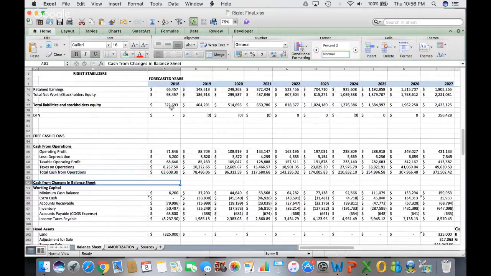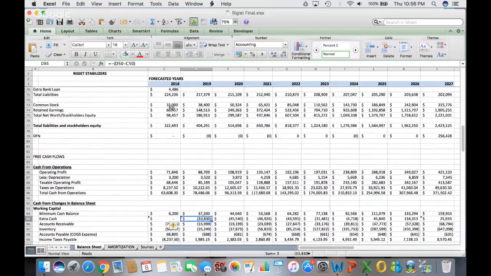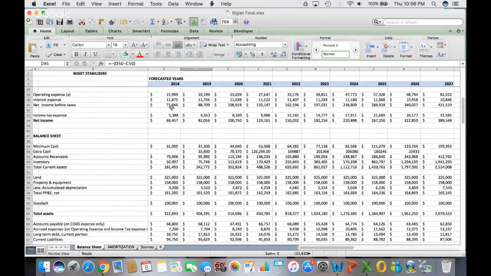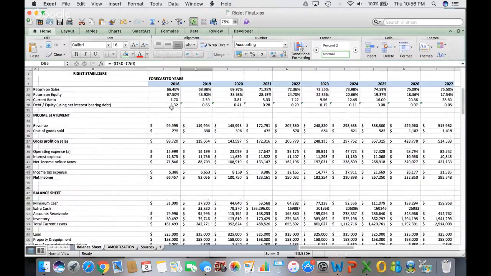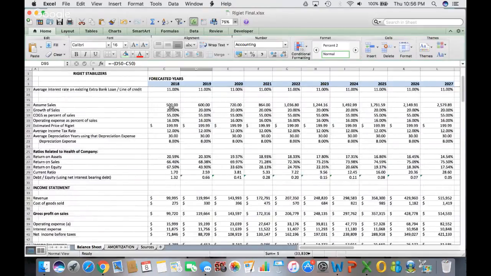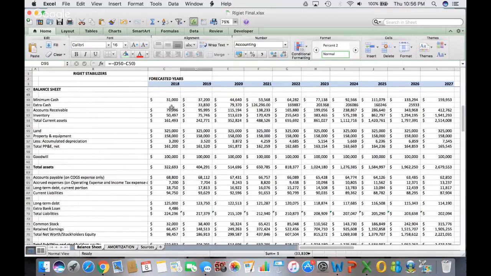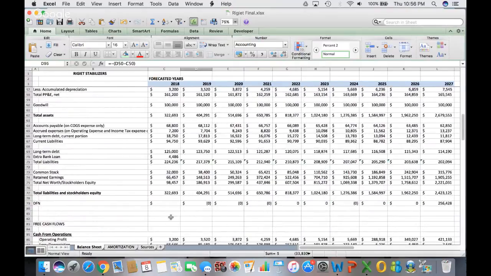Coming down here, we have our minimum cash set, our extra cash, which was referenced up above and used to balance our, let's see up here. Right there, DFN.